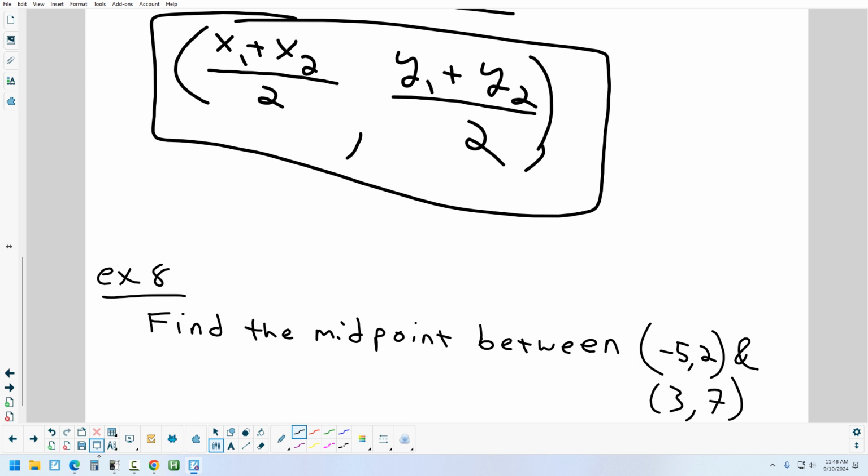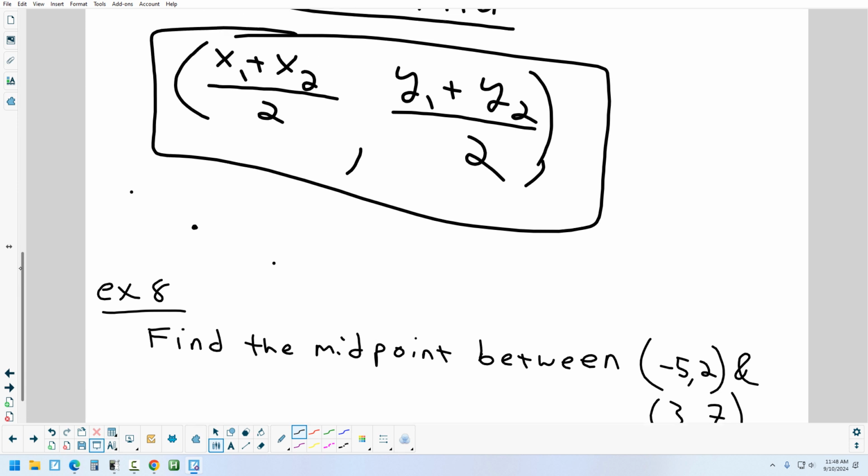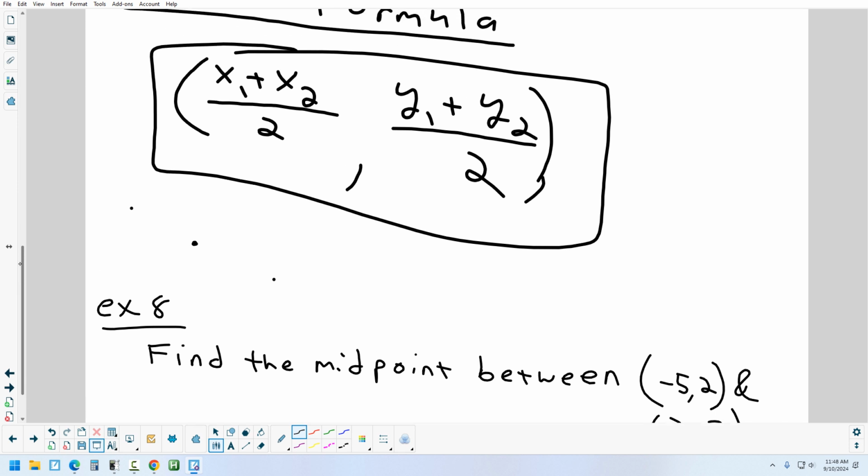So this formula is not telling you how far apart 2 points are. It's telling you the location that's halfway between them. All right, so let's fill this in. If you are going to make a reference sheet for your test, which you can, that is definitely a formula I would put on it along with the distance formula.